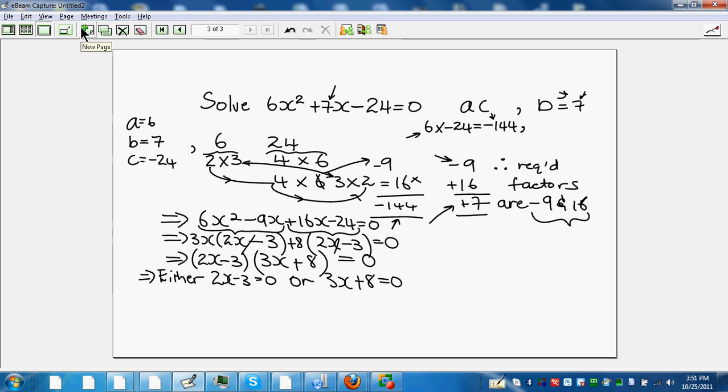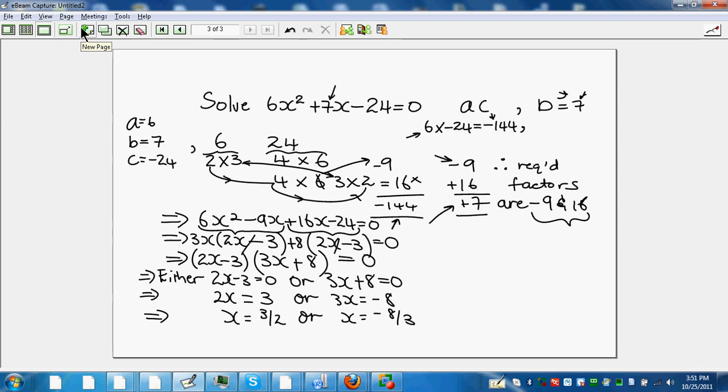So in this first case, if we manipulate this equation, we get 2x is equal to 3 by adding 3 on both sides, or 3x is equal to minus 8 by subtracting 8 on both sides of the equation. That would imply now that x is equal to 3 over 2, or x is equal to minus 8 over 3.